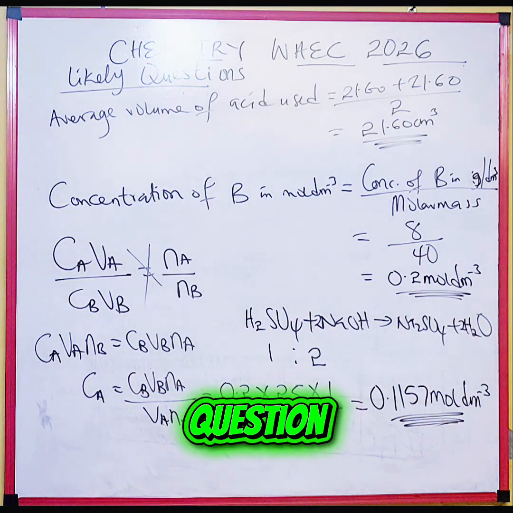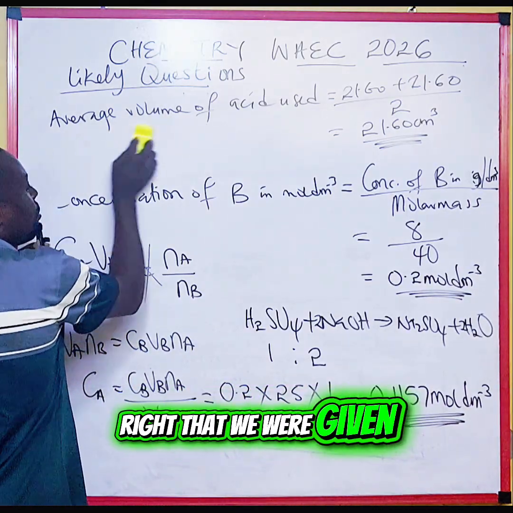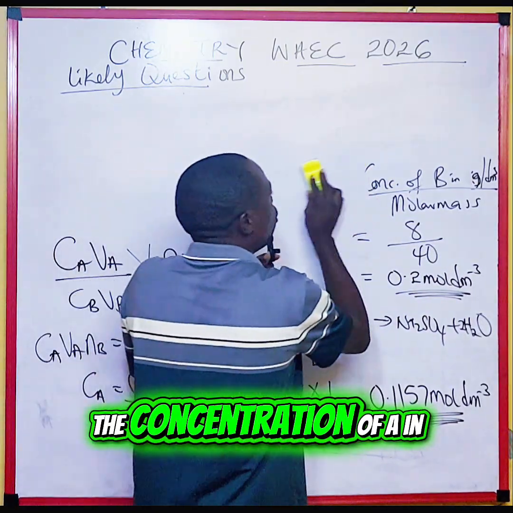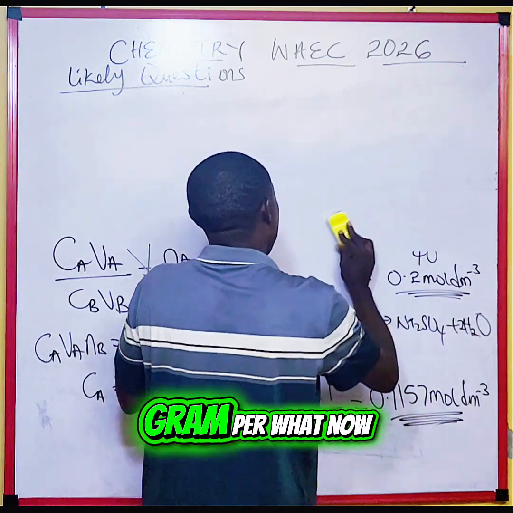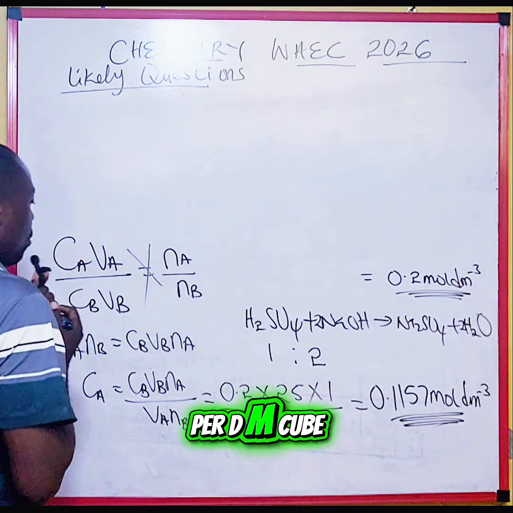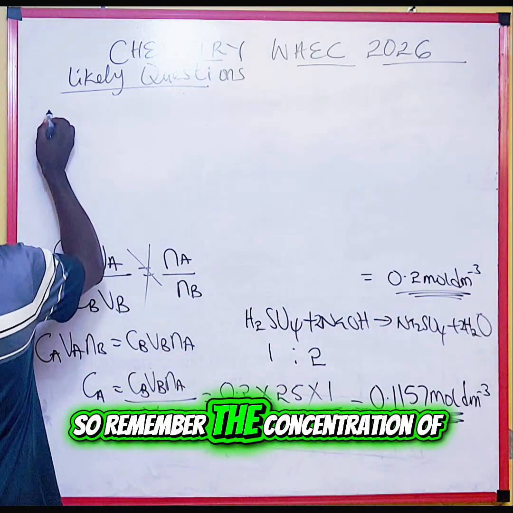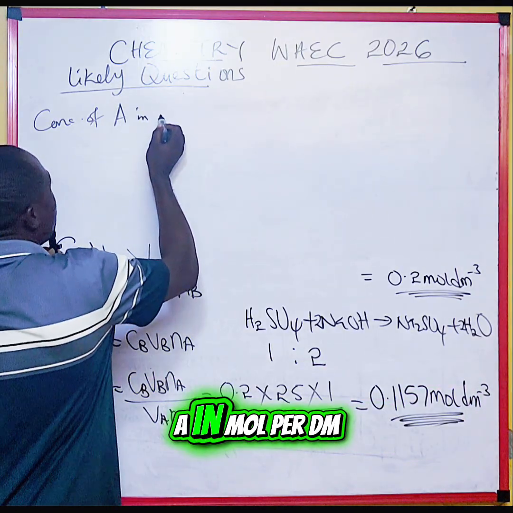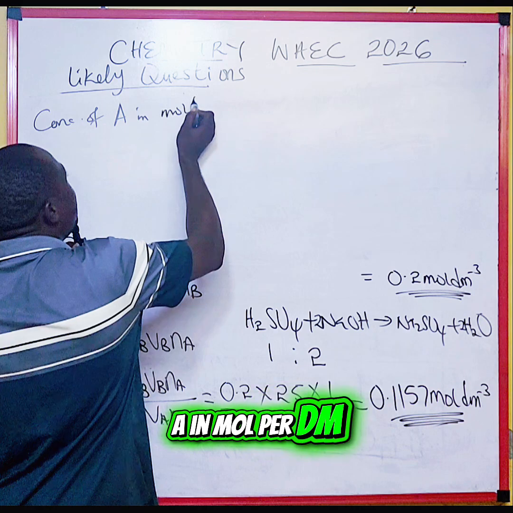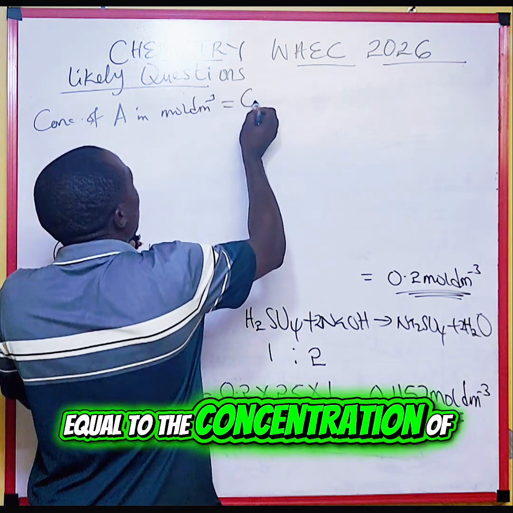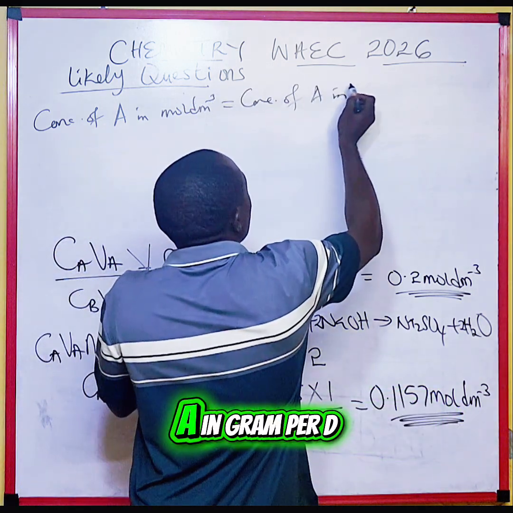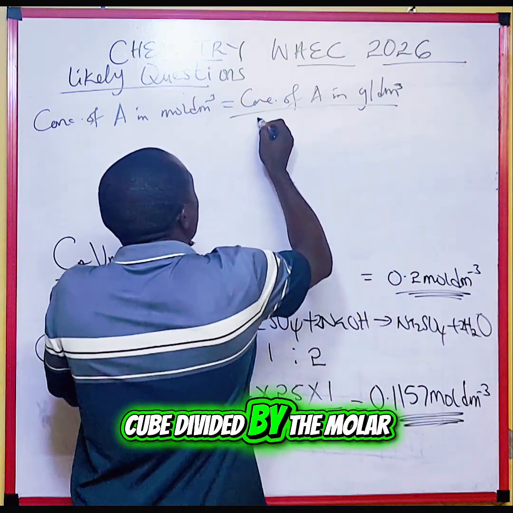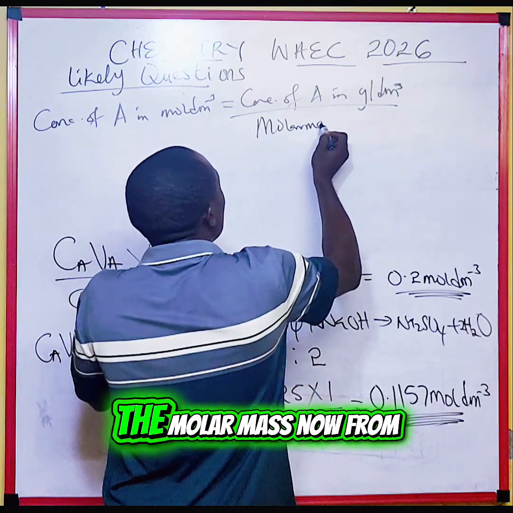Now the last of the question that we were given is the concentration of A in gram per dm cube. So remember, the concentration of A in mole per dm cube is equal to the concentration of A in gram per dm cube divided by the molar mass.